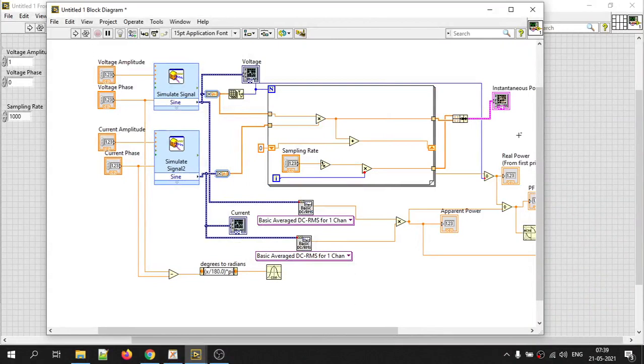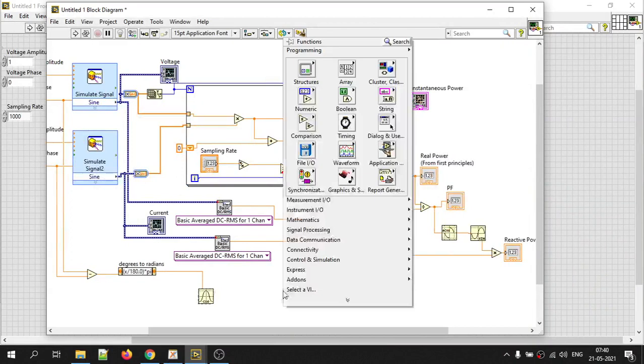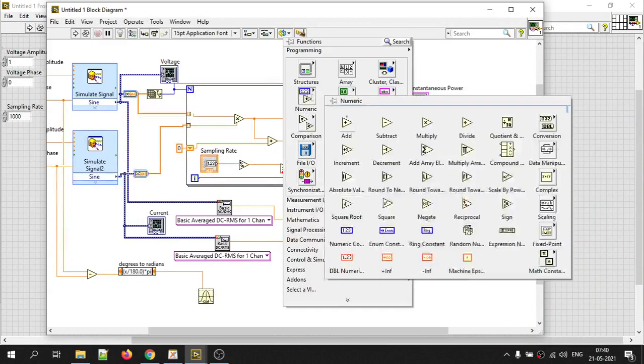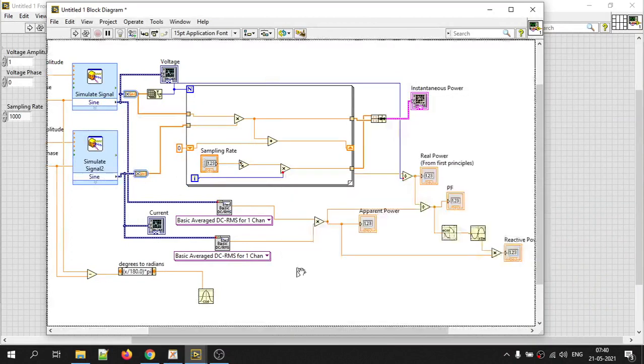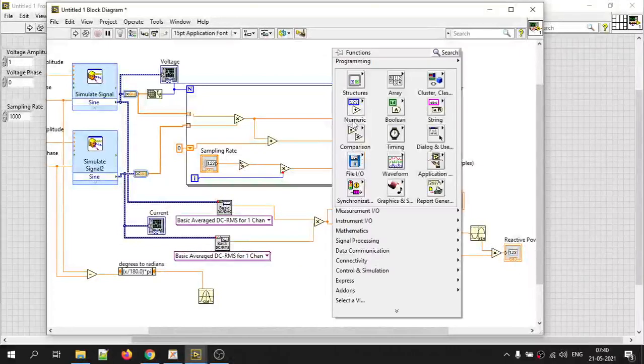Now let us evaluate VI cos phi. So already we have V into I here, that I multiply with cos phi.